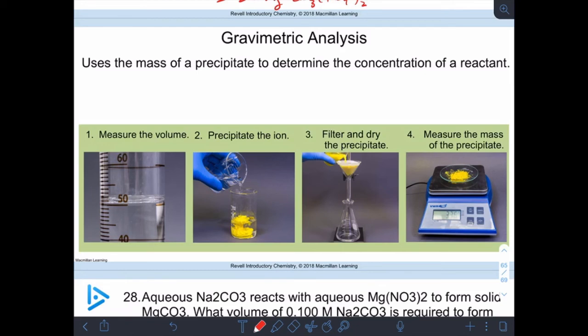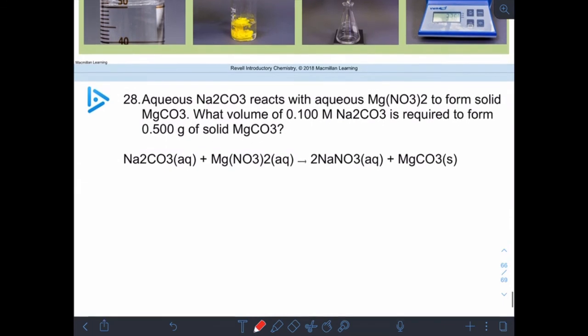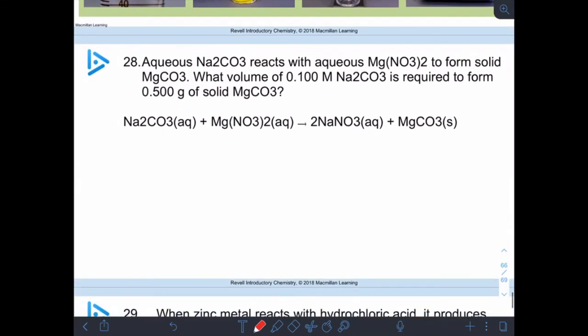And that will tell us some information about how much of each component there was to start with. Okay, so I don't want you to focus too much on this idea of gravimetric analysis because it sounds like a big scary thing. But really it's just a precipitation reaction, which we've been doing for a while. Okay, so let's take a look at how we can put it into use though.